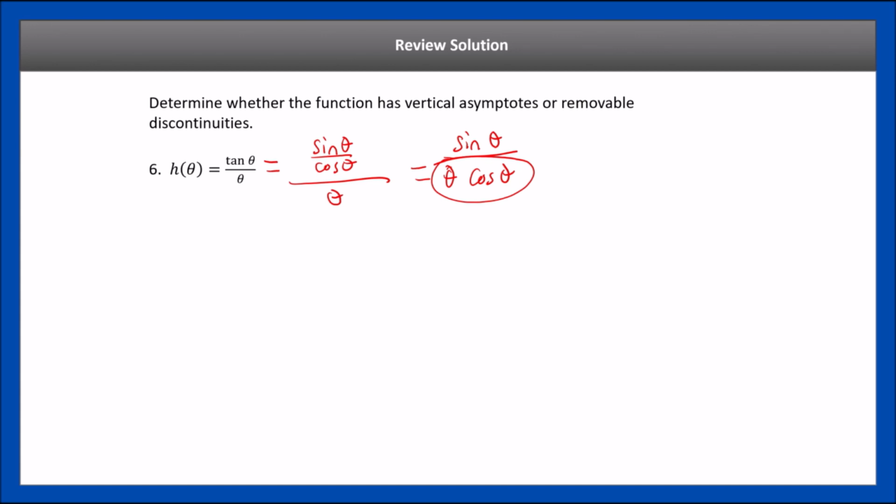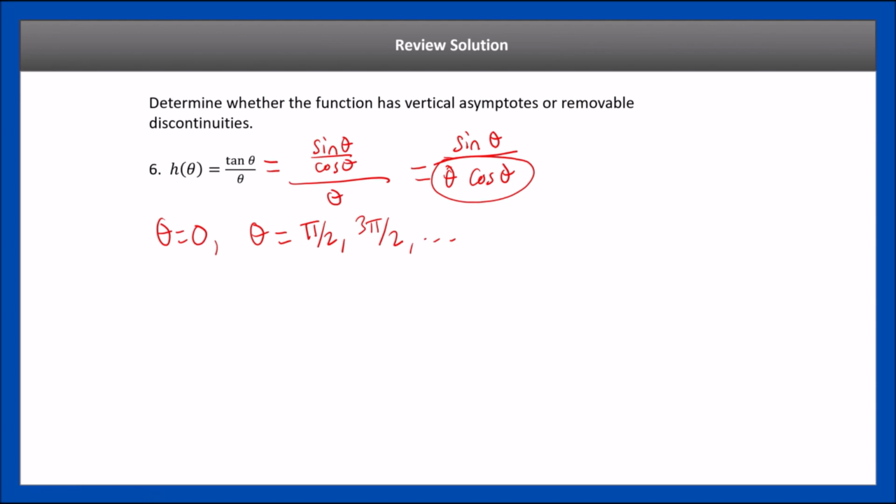So when theta is 0, obviously you're going to get 0 in the denominator. Also, cosine is 0 when the angle is equal to pi over 2, 3 pi over 2, and so on and so forth. So there's an infinite amount.